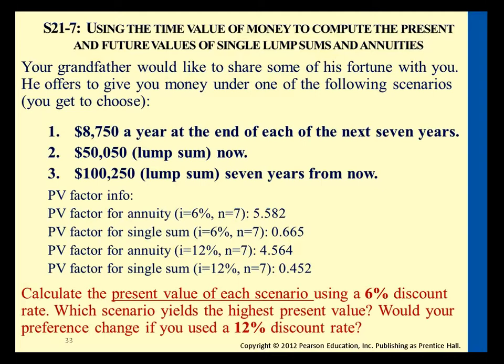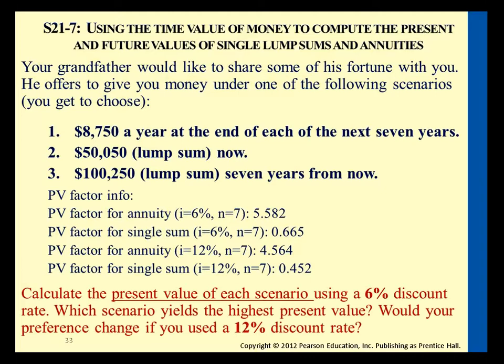That's our annuity. And then $50,050 as a lump sum right now. And the third option, $100,250 as a lump sum in 7 years from now. So what you want to calculate is your present value of each scenario.